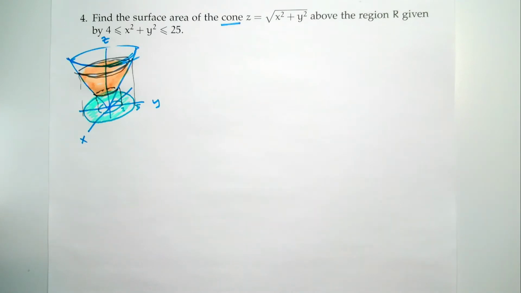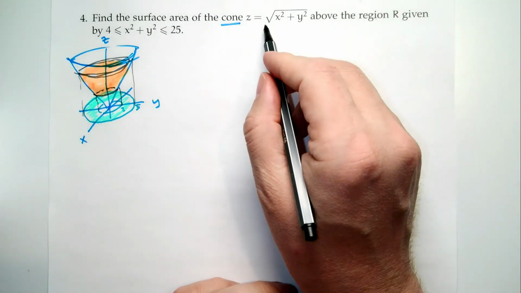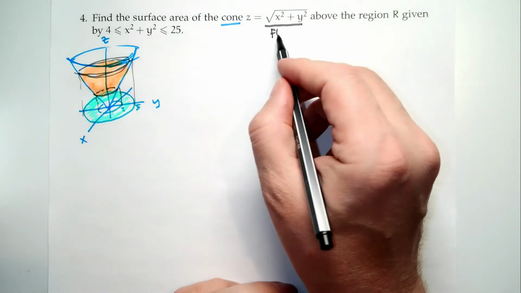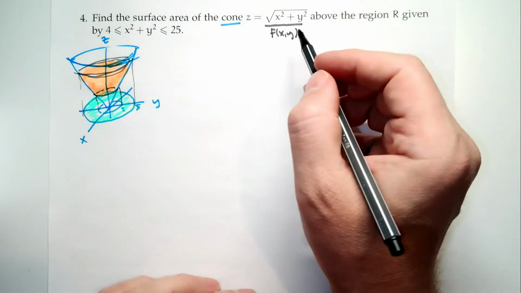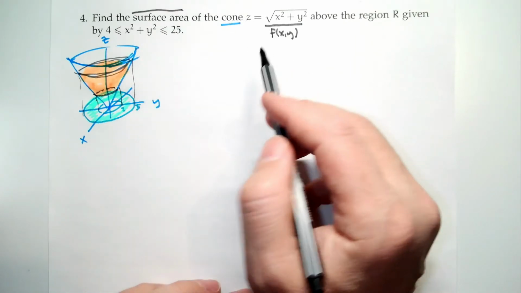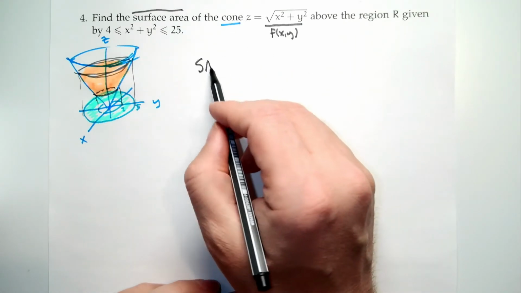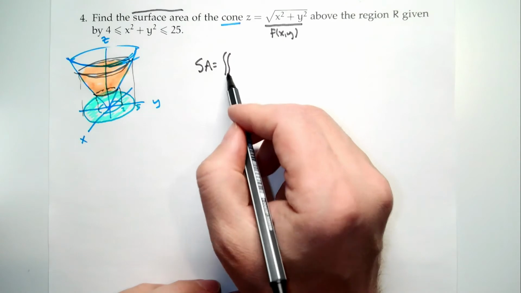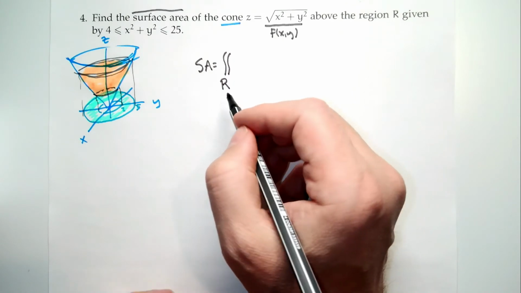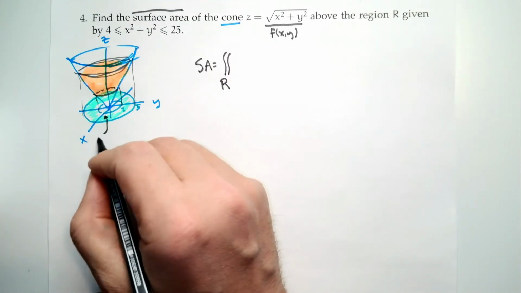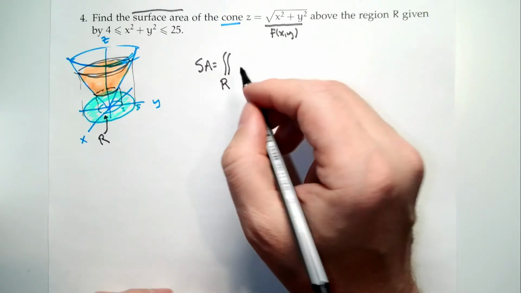Well, we're going to find it by being patient. We're going to think of this as our function, f of x, y. And for surface area, there's a nice little formula. So surface area is the integral over our region R. And as a reminder, R is this part, the downstairs part.